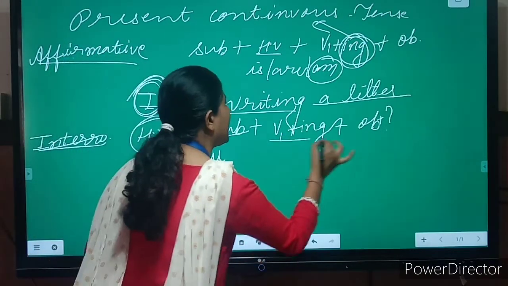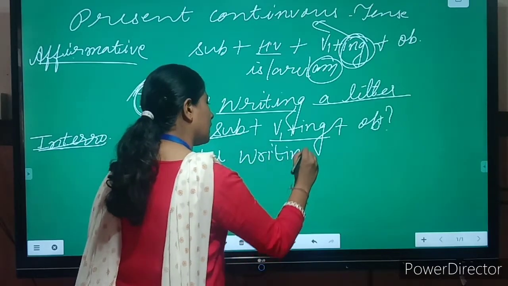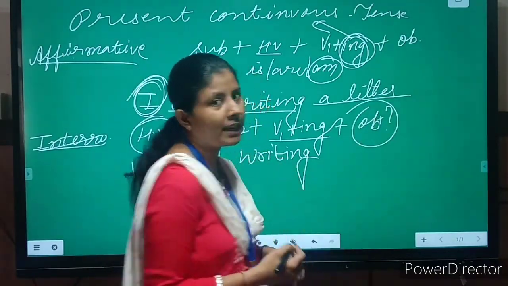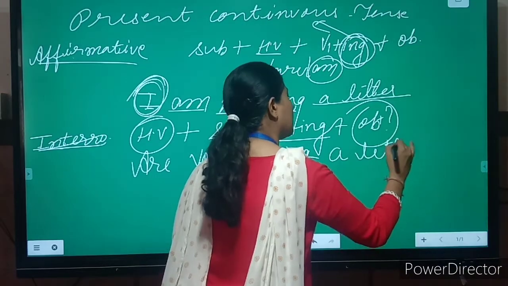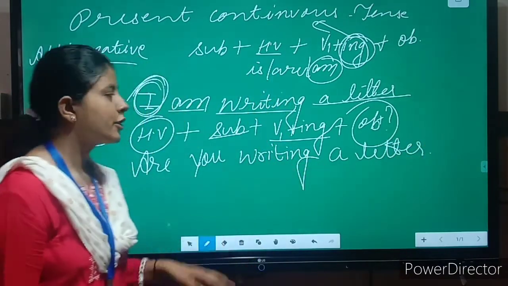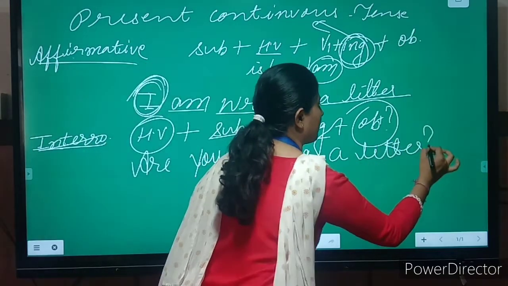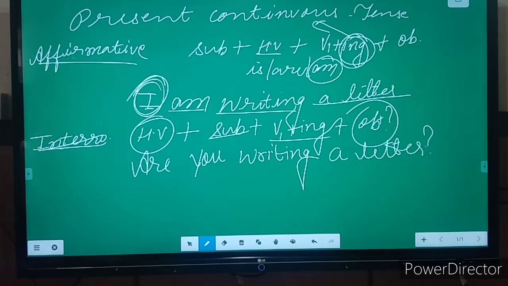And then you will write verb, that is writing. Are you writing? And what is the object in the sentence? That is a letter. So, are you writing a letter? And my mistake, this question mark will come. Right? So this is an interrogative sentence.